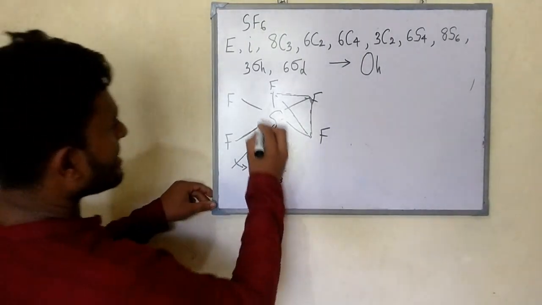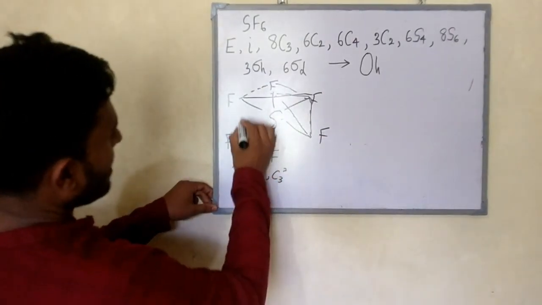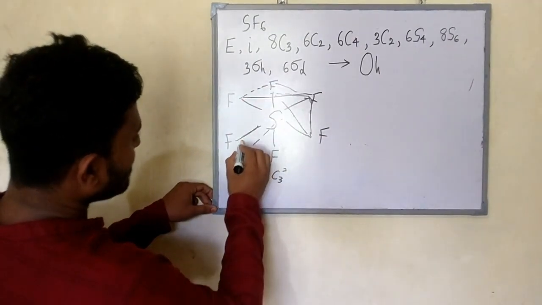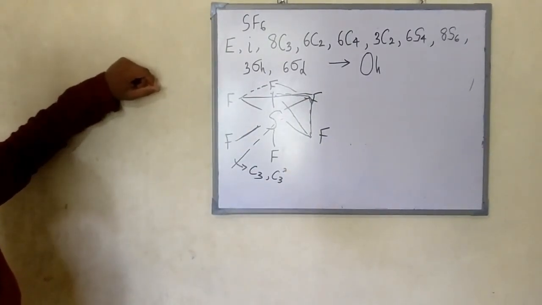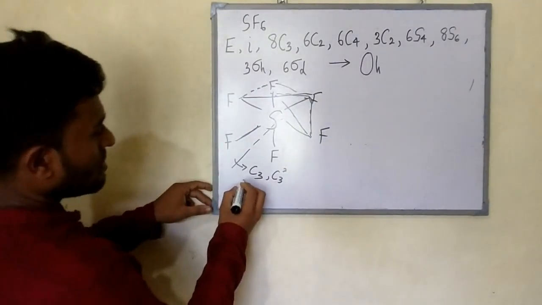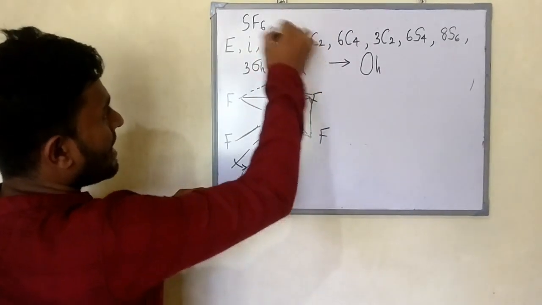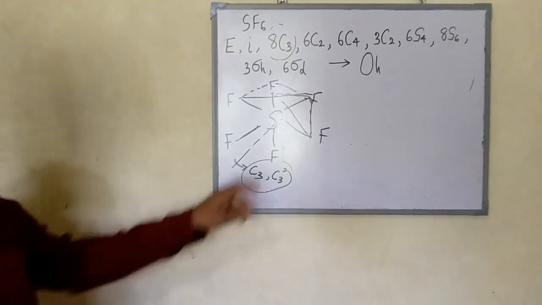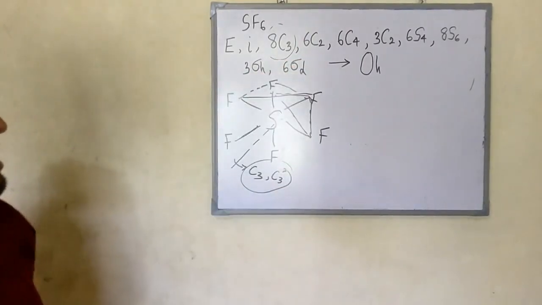Similar like that you can take this pyramid also and this pyramid also. Likewise all together you have 4 pyramids. 4 into 2 that is 8. That is why you got 8C3.